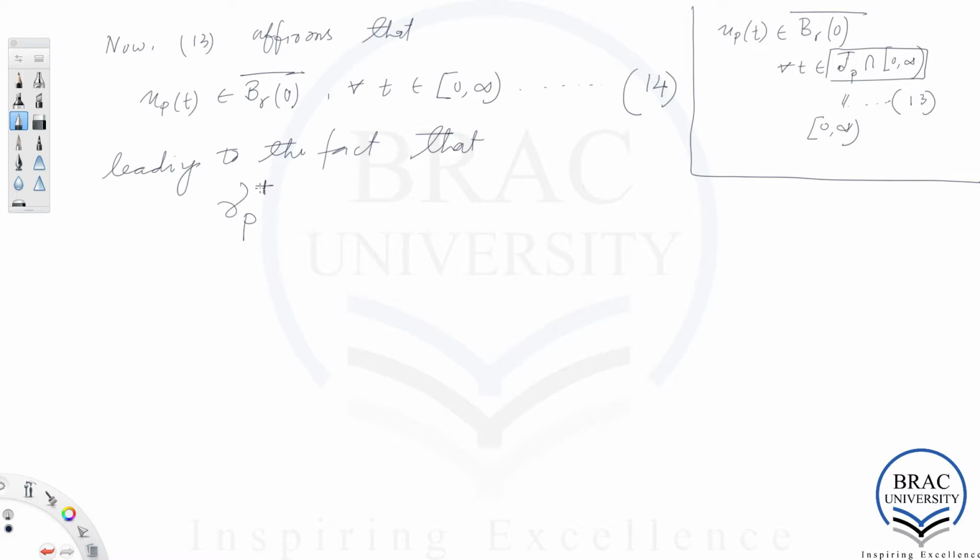So it follows that gamma_p^+ is contained in the closure of the ball B_R0. Okay, what does it mean? It's a compact set, and gamma_p^+ is contained in this compact set, meaning that gamma_p^+ is bounded.